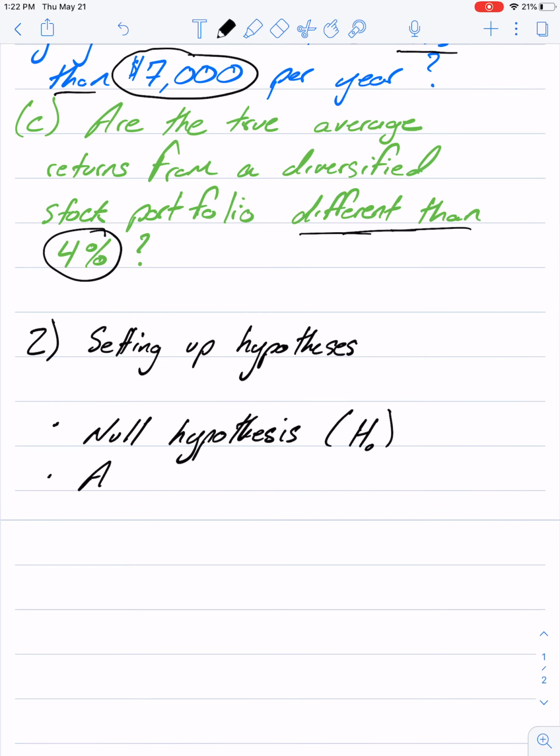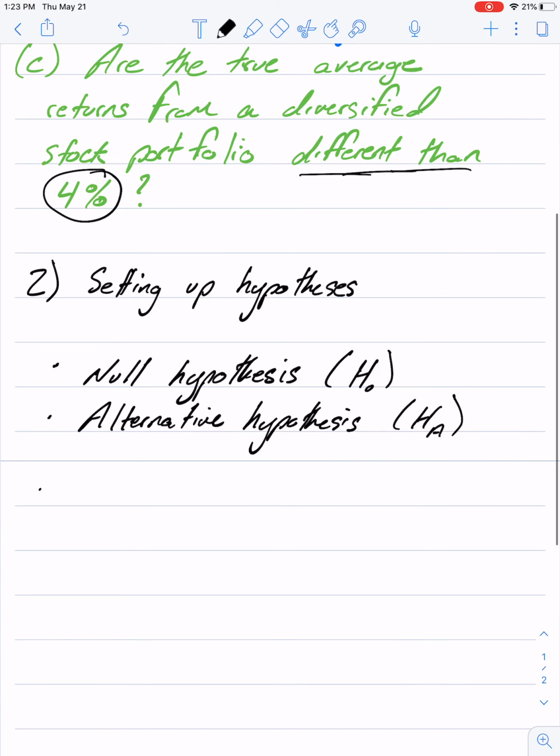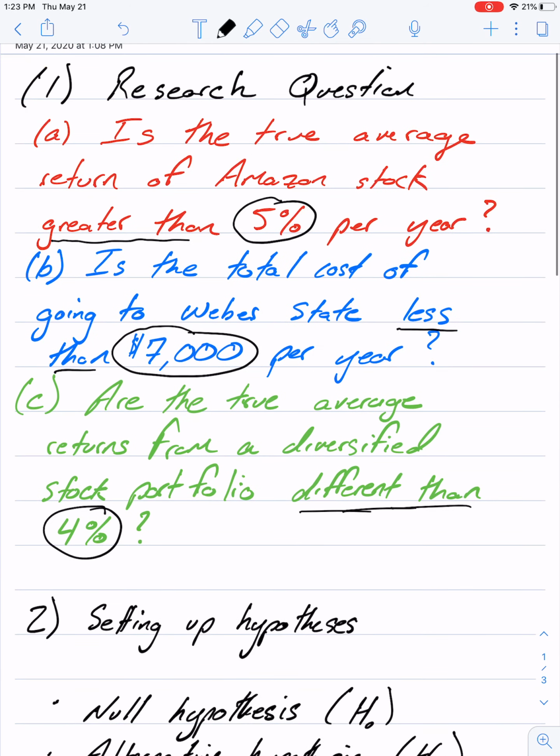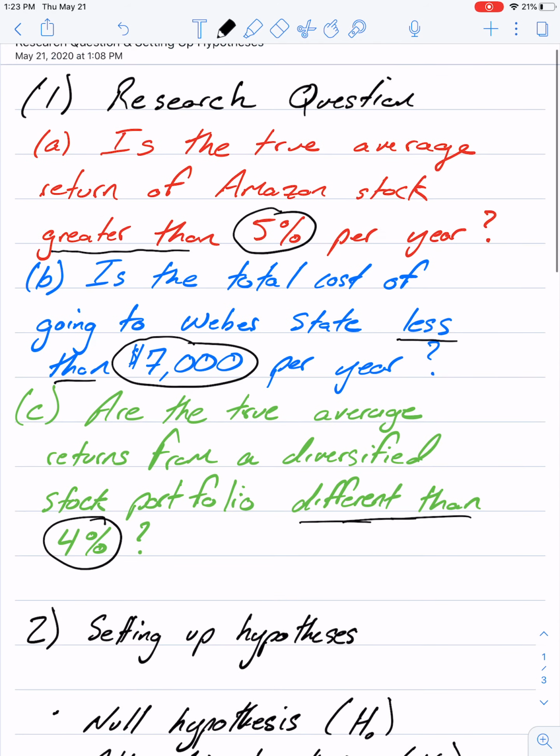And the alternative hypothesis. So there's always 2 in any hypothesis test. That's going to be labeled HA for the alternative hypothesis. Now, the way that you should think about these is the way I've written these questions. This isn't always true, but the way that I write them makes it true. So notice that, is it greater than?